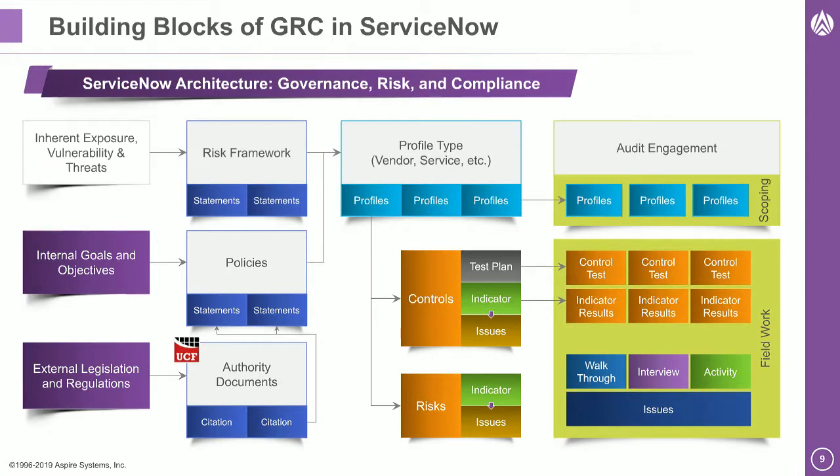When you download these authority documents into ServiceNow, not only do the authority documents get downloaded, but every section, article, and control mentioned in these authority documents gets created as different citation records. I can explain this with an example. Take ISO 27001 as the authority document.